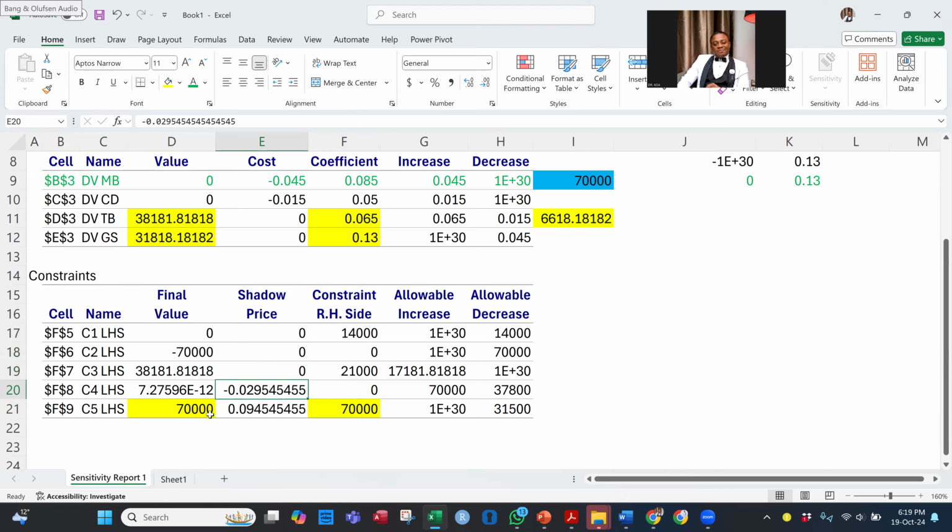All right. The one that will give you the most return is constraint 5. Constraint 5 has the highest positive value of 0.04545545. And because it has a higher shadow price, it is the one that will give you the most return.